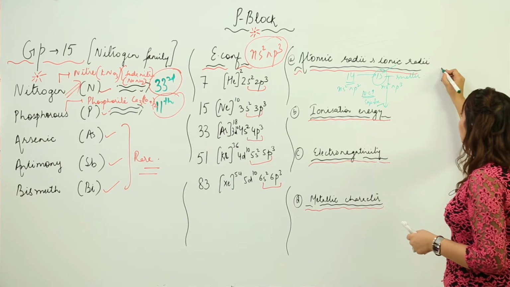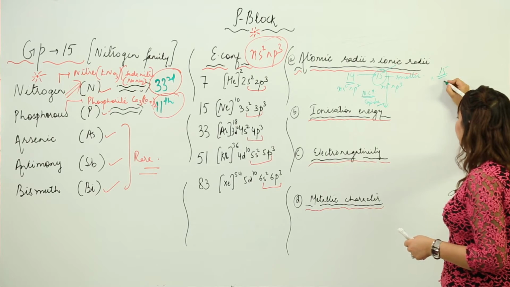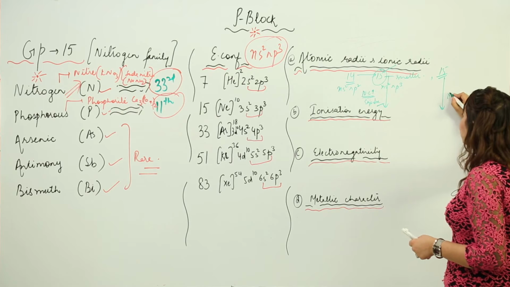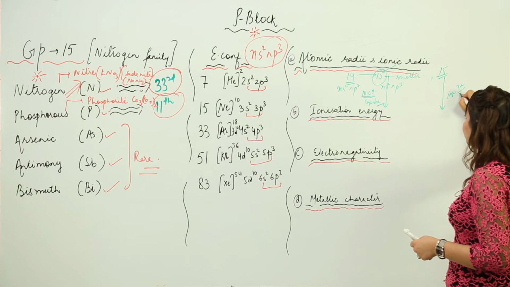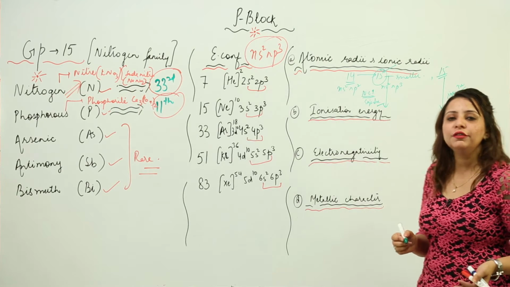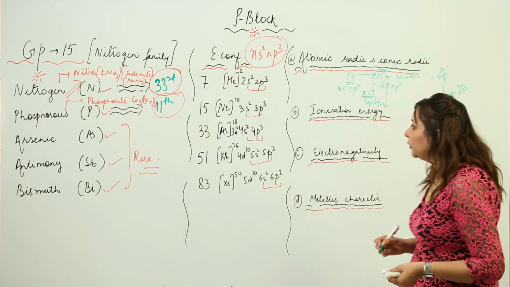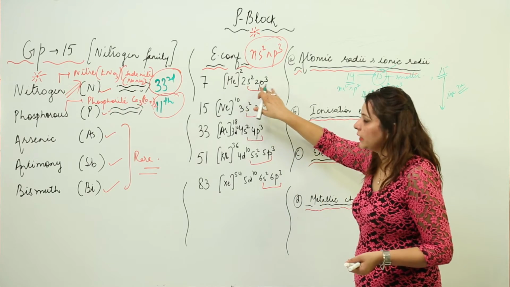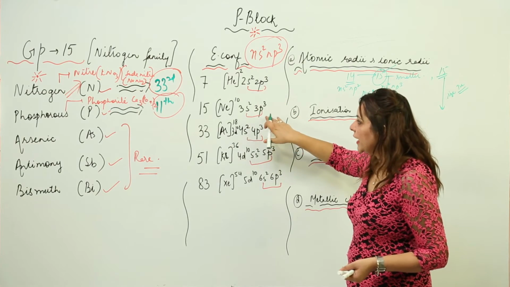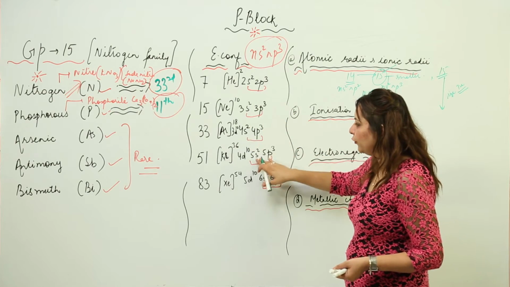But if we talk about the group members of 15, we see that as we move down, size increases. In general, whenever we move down a group, size increases, because as you can see here, the last shell is 2, here it is 3, here 4, then 5 and 6.